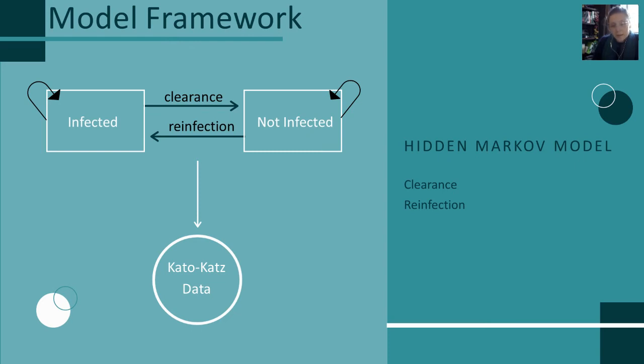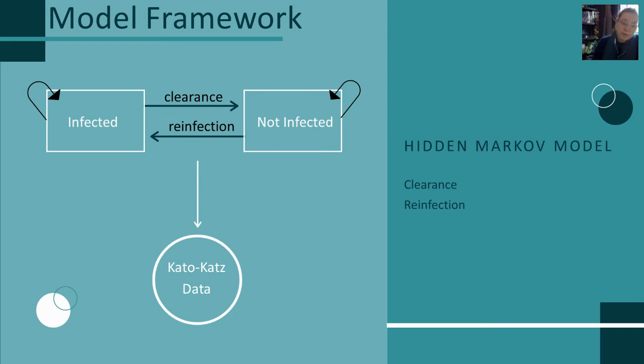And these data were fit to a hidden Markov model. The way that the hidden Markov model basically works is that we have this unobservable hidden state, which in this instance would be the infection status of each individual. Obviously we can't see somebody's true infection status, so that's our hidden variable here. And so you've got your infection status, you've got an observable process that generates your data, or gives rise to the observations.